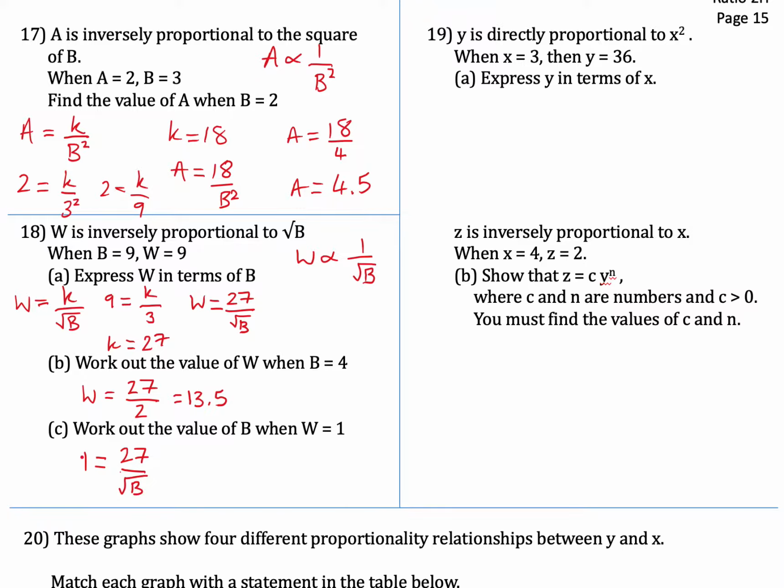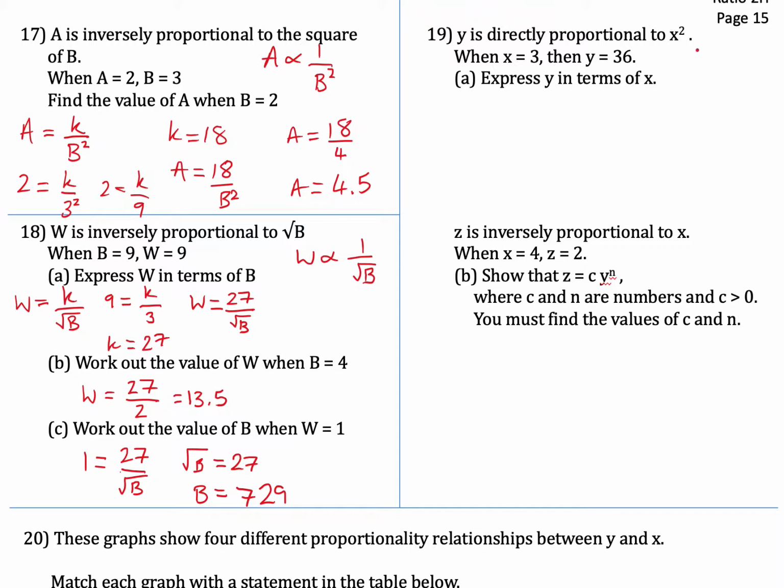So timesing by root B, and don't really need to divide by 1. So we get root B is equal to 27, and if we square both of those things, 27 squared is 729.